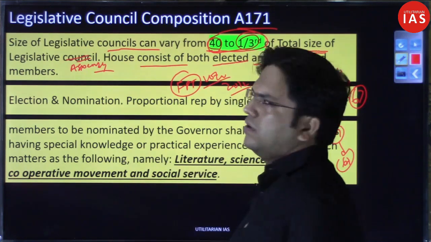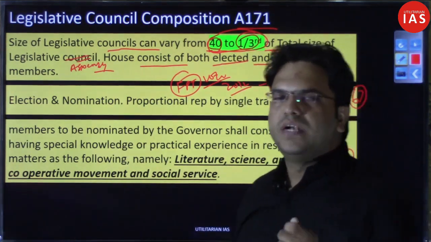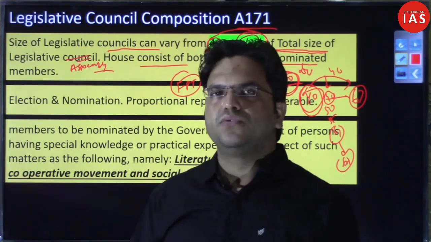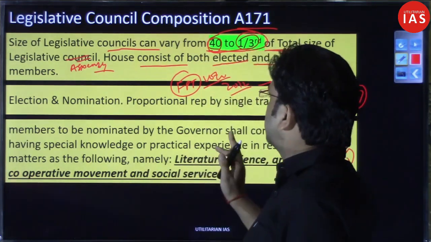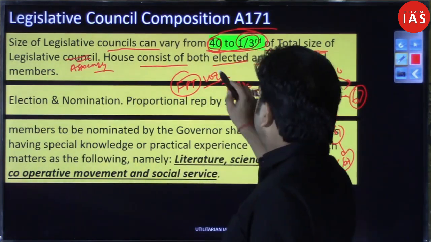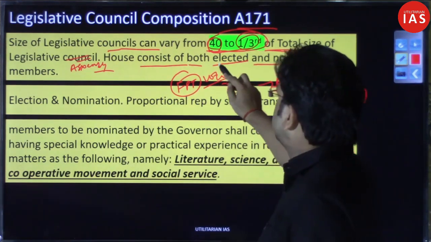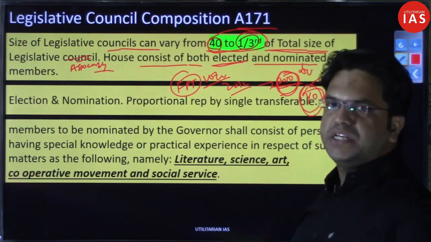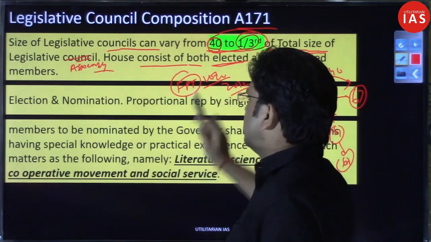There is a limited electorate. We will discuss which class of people forms part of the electorate. The members come from both election and nomination. As of now, just remember this.